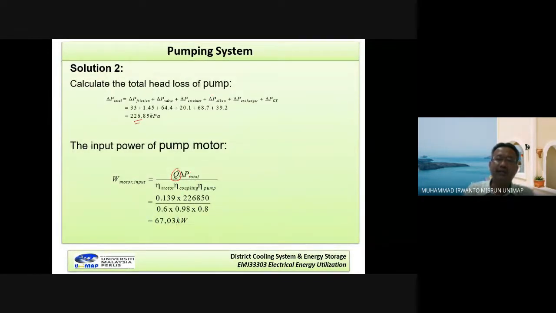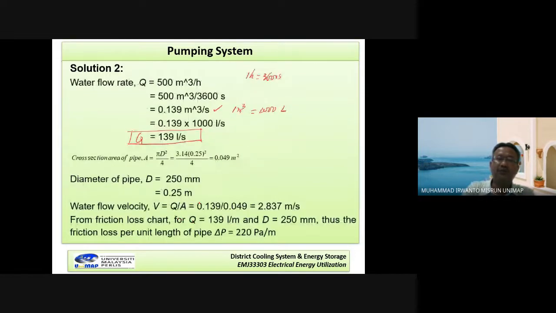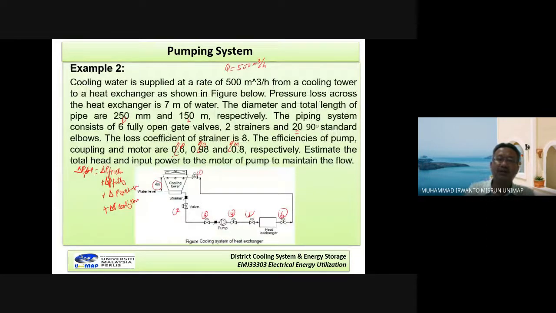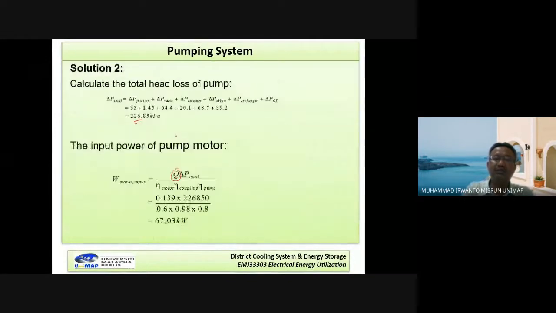And then delta P total from here. And then efficiency of motor, coupling, and pump, refer from the question here. So the last, we obtain the input motor is 27.03 kilowatt.